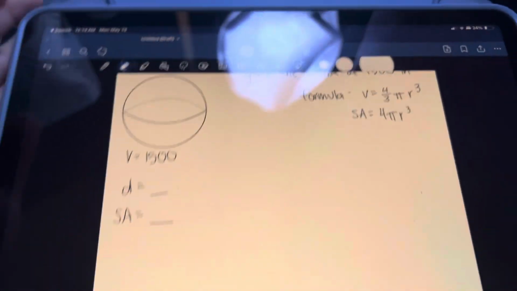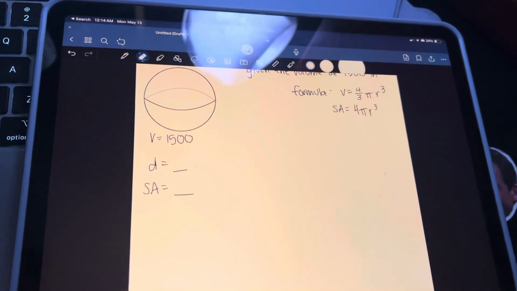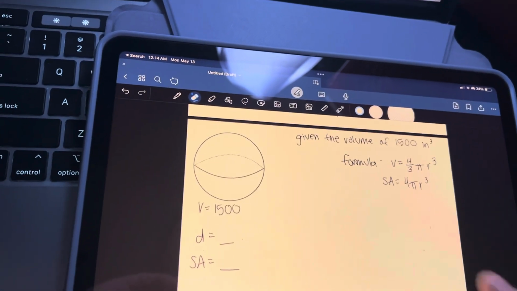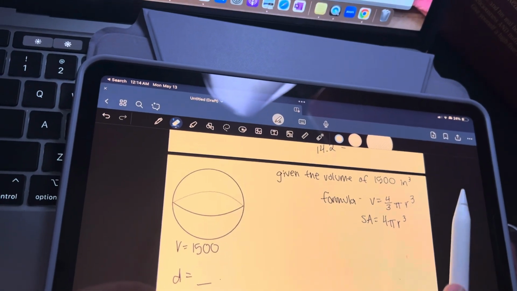Okay, so the first thing that I have is I drew a little sphere to try to make sense of it a little bit more. We are given that the volume is 1,500 inches cubed.